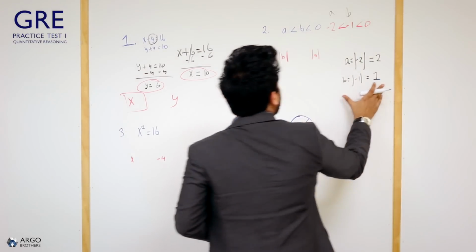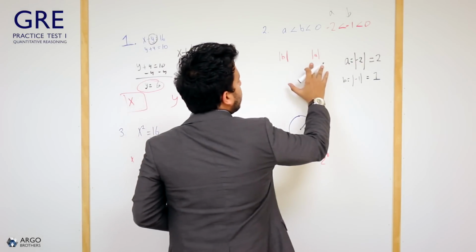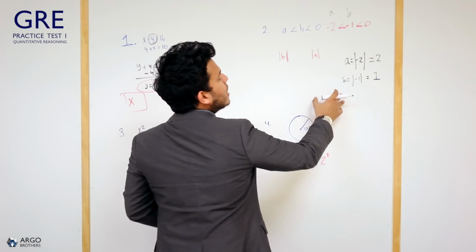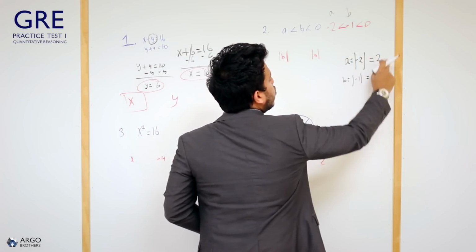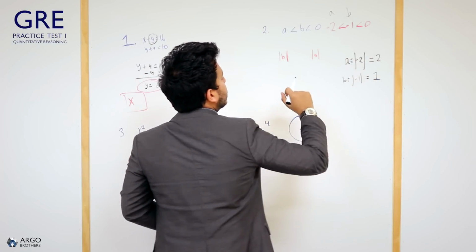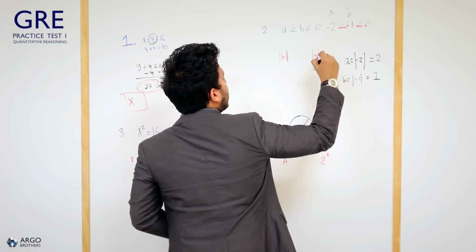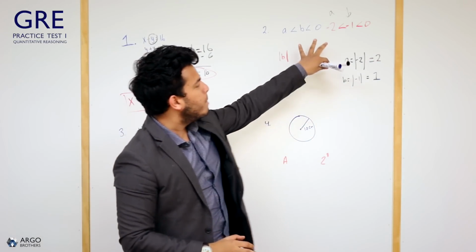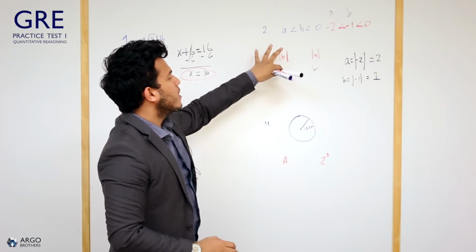So in this scenario, what's greater? Is column A greater or column B greater? It turns out that column B is greater, because I have positive 2 in column B versus positive 1 in column A. The answer choice is B, that column B is greater than column A.